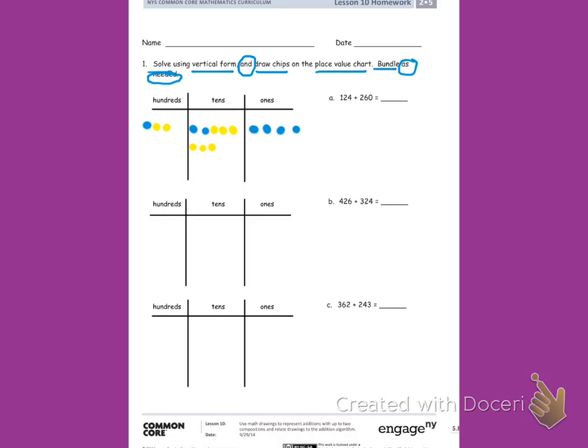Now it's time to solve. Before I solve, I better go ahead and follow the directions and write this vertically. 124 plus 260. All right, now we can solve.